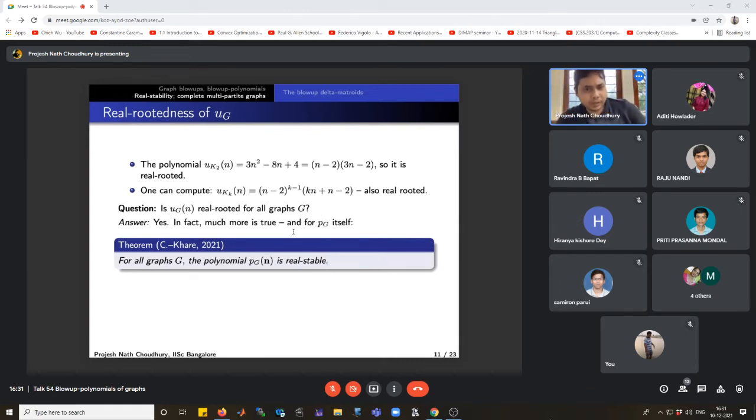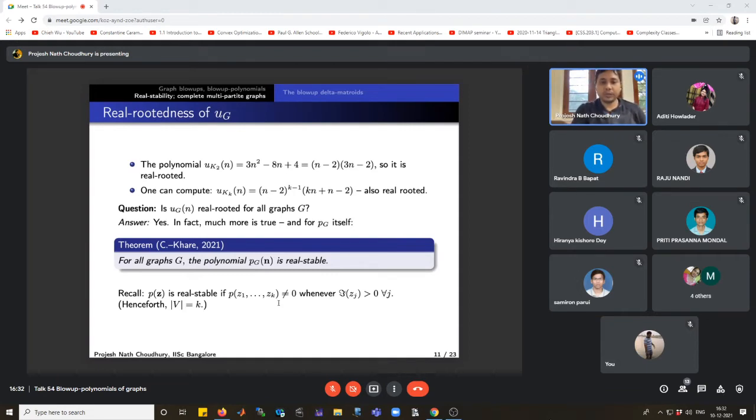Real-rootedness is a one variable manifestation of a more general and powerful notion called real stable polynomials. A polynomial in k variables with real coefficients and complex arguments is said to be real stable if it is non-vanishing in the upper half plane.